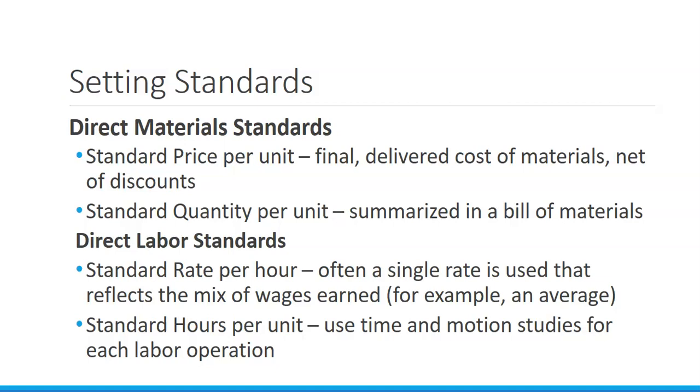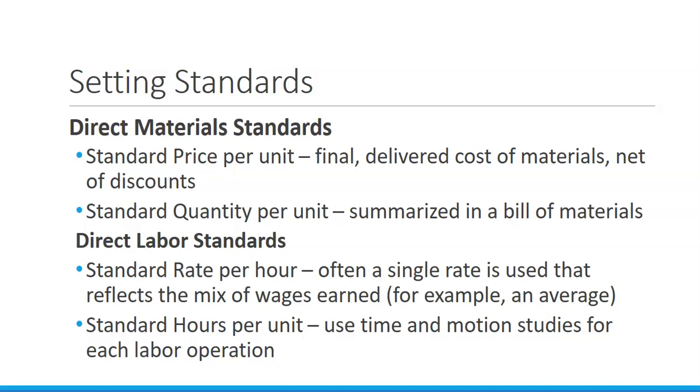So our direct material standard is just the standard price per unit of our materials that we generally pay, that we use for our budgets. Our standard quantity per unit is the number of materials that we use in each unit of production. Much like direct labor standards, we have a standard rate.